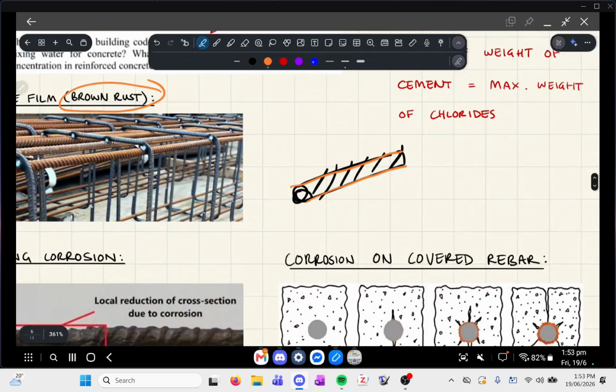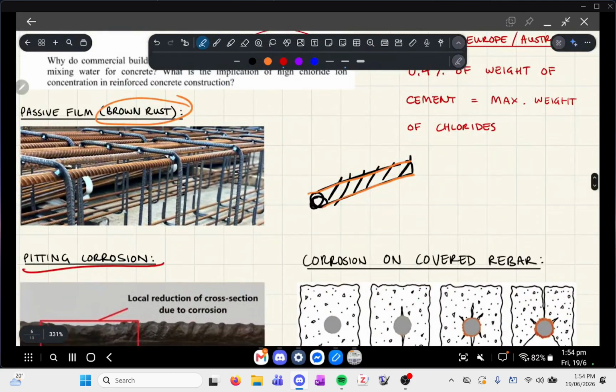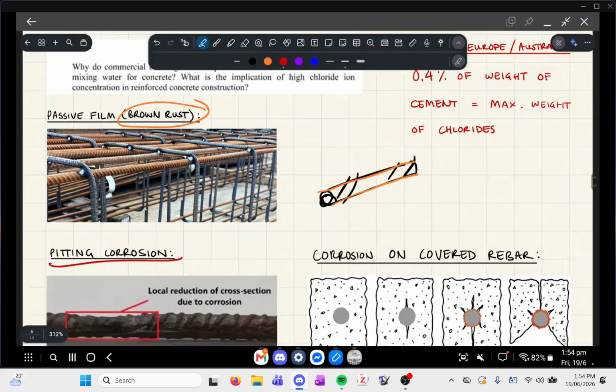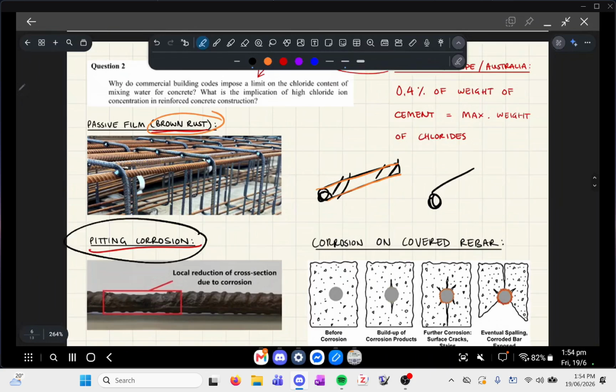The type of corrosion that we don't want is the second type, which is called pitting corrosion, which can happen due to chlorides and stuff like that. So when chlorides react with this brown rust layer, this oxidized layer, it can eat away at the steel cross-section and corrode it. So that's the kind of corrosion we don't like. But the type of corrosion we do like is brown rust because it's actually a protective layer. What does it protect against? It protects against the second type of corrosion.